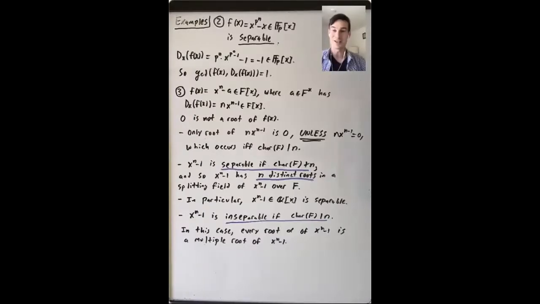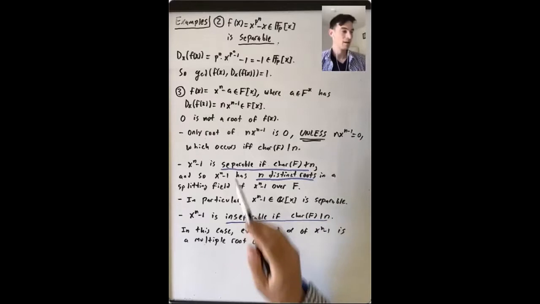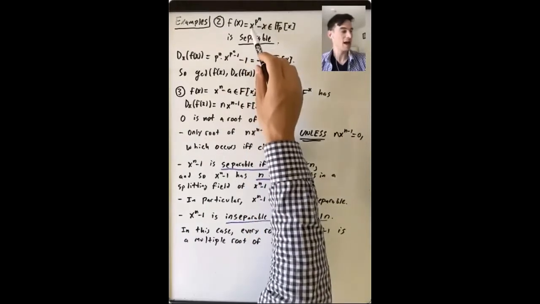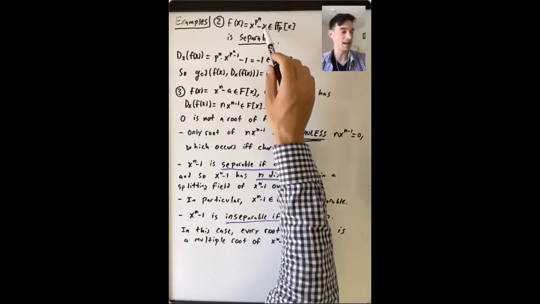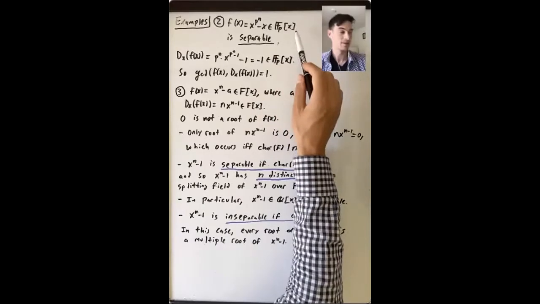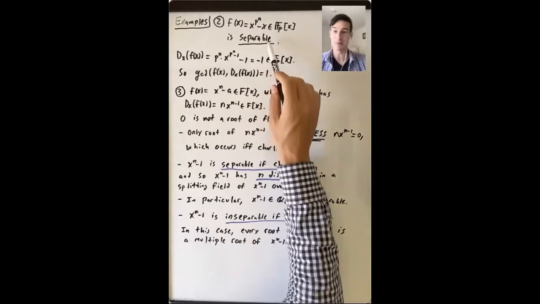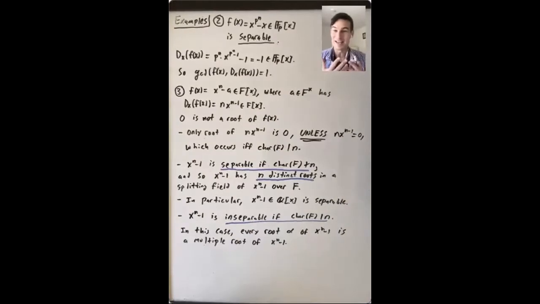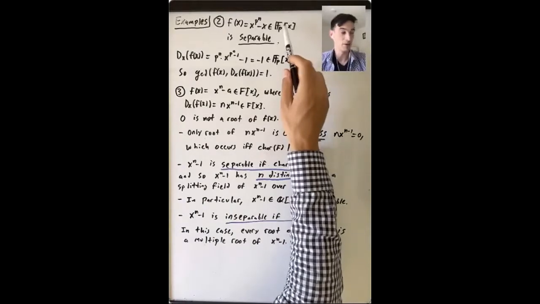Let's continue our discussion of examples. Let's take the polynomial x to the p to the n minus x in Fp[x]. This polynomial is separable. Like I said at the very beginning of this lecture, most of the interesting stuff that's going to happen with separable polynomials and inseparable polynomials is going to happen in characteristic p. So here's an example.